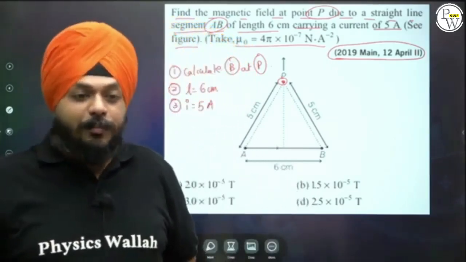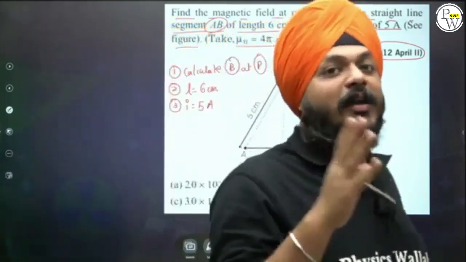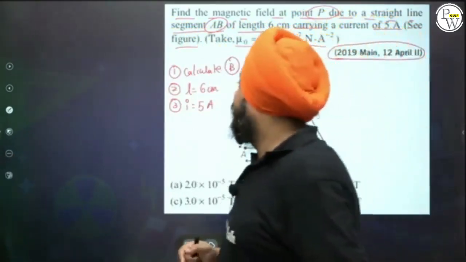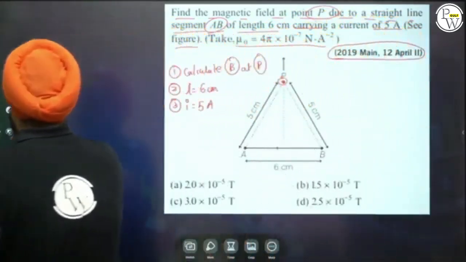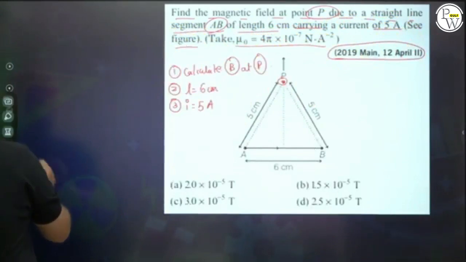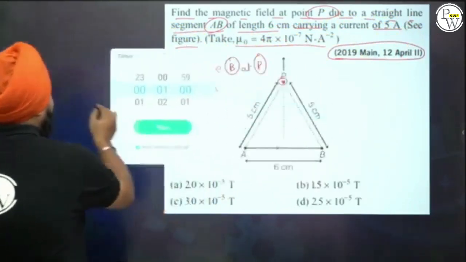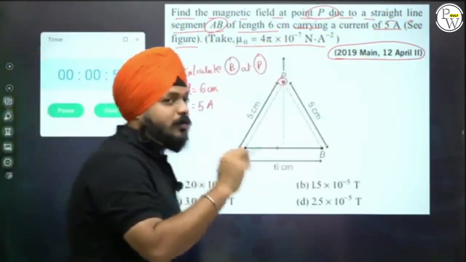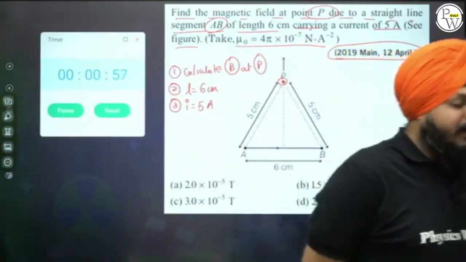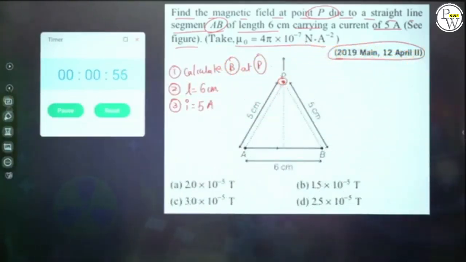This is one application of the Biot-Savart's law, and obviously this time also I'm going to give you a minute so that you can solve this question. Come on everyone, you can have your time.